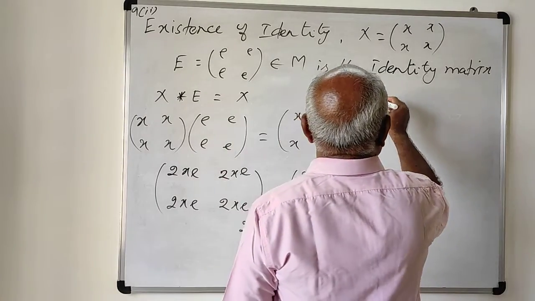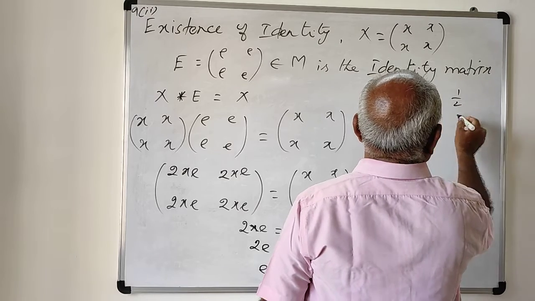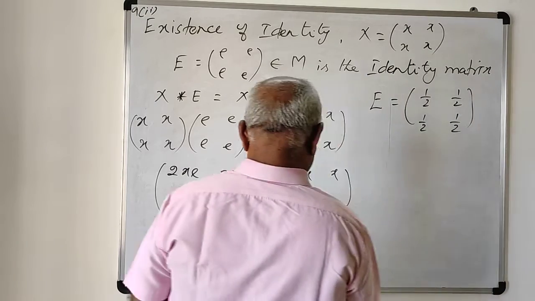Therefore, the identity E is the matrix with every entry 1 by 2.